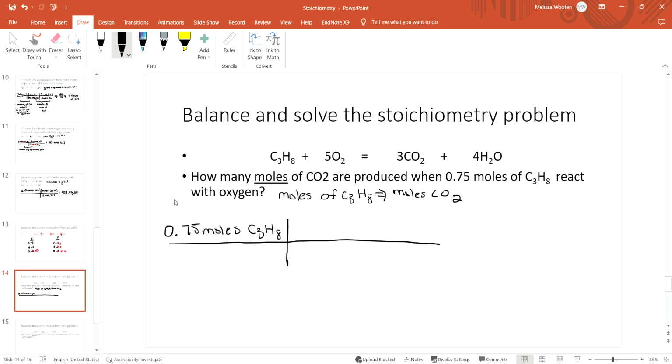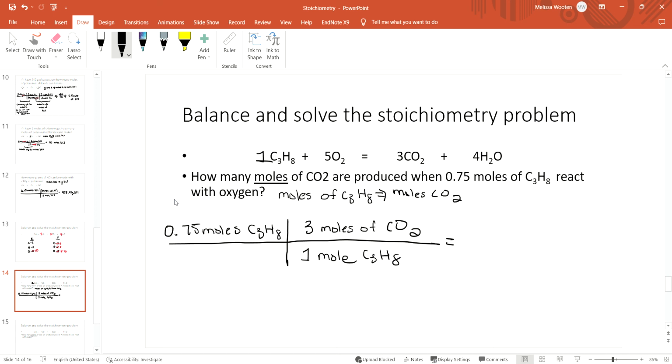That's our given. Once we have our given in moles, then we're going to use our balanced chemical equation because remember our balanced chemical equation is in moles. And so with moles, I know that 1 mole, right, because this is understood to be 1 mole of C3H8 reacts with how many moles of CO2? 3. 3 moles of CO2.